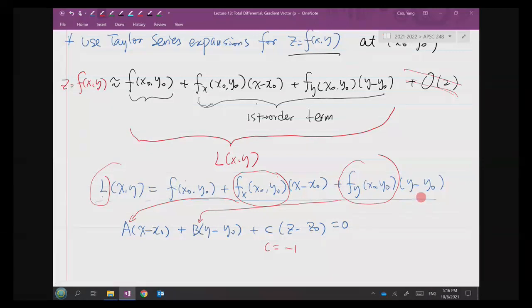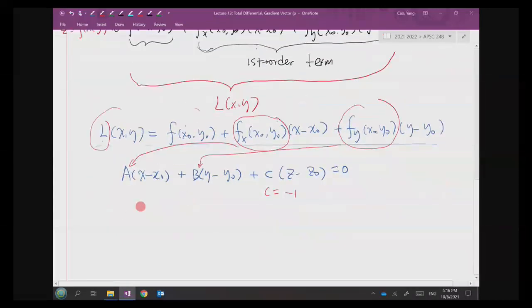It has a plane equation. It has a normal vector, which is A, B, and then -1. And it passes through which point? It passes through x naught, y naught, and this z naught, which is f of x naught, y naught. So maybe I should just write here. The normal vector is fx at x naught, y naught, fy at x naught, y naught, and then -1.